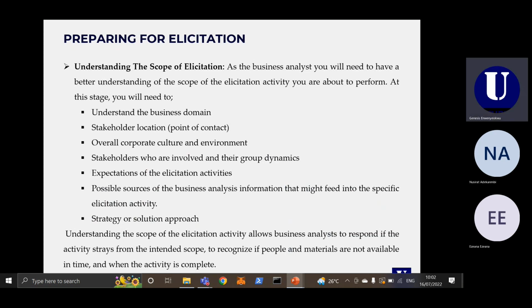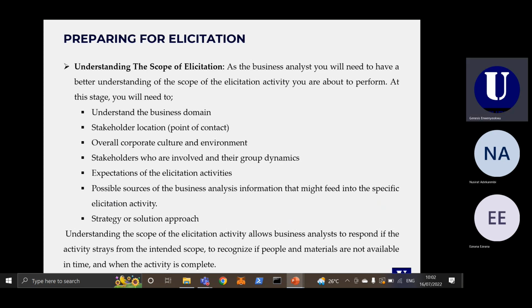What kind of trainings or what kind of policies or what kind of activities occur within the financial services industry? So understanding the business domain is very important for you. People say that business analysts are like mini domain subject matter experts because you have worked in different domains. So understanding the business domain is key to a successful understanding of the scope.